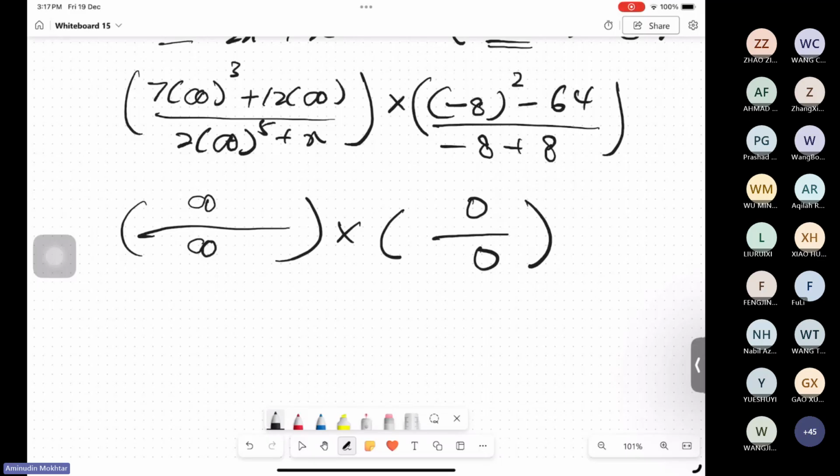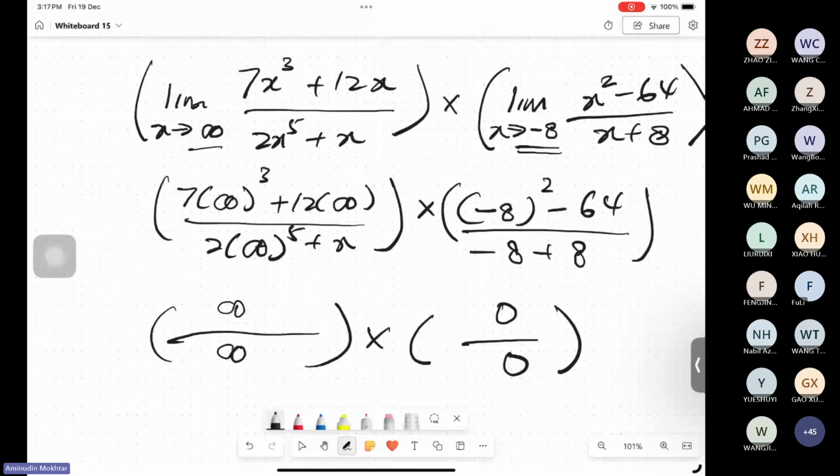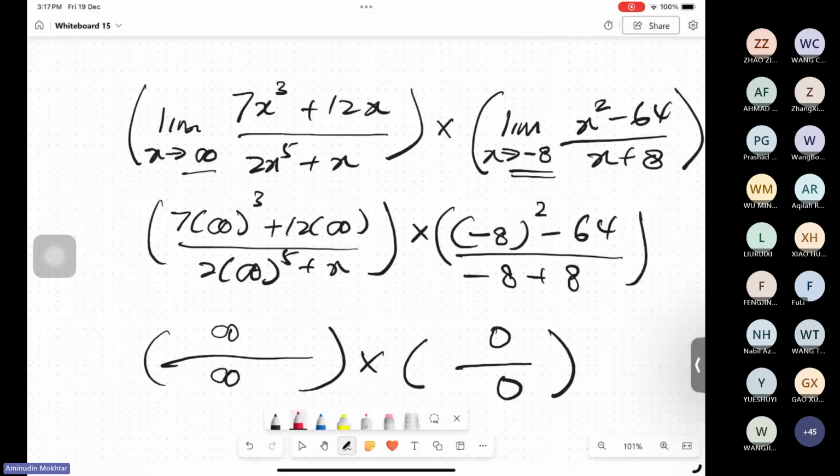If you refer to my note, please refer to part A, page 9, the note for limit.